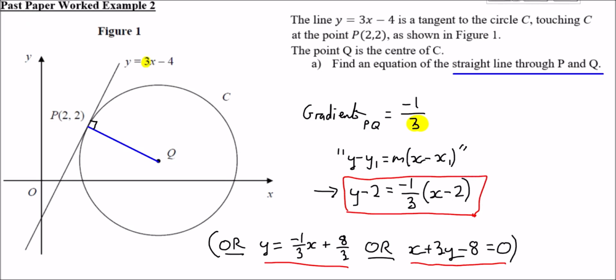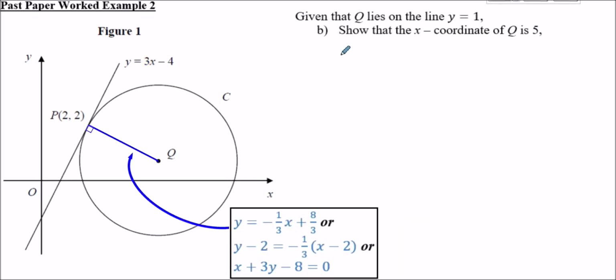Let's have a look at part B. Part B, we need to show that the x-coordinate of Q is 5. We now know an equation of the line. Keeping it simple, we know an equation of this line that goes through P and Q is any of these here. I'm suggesting we stick with this one.